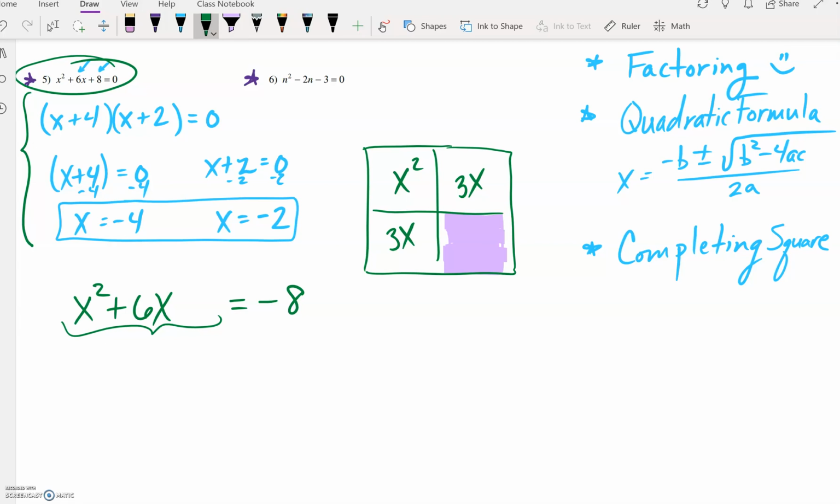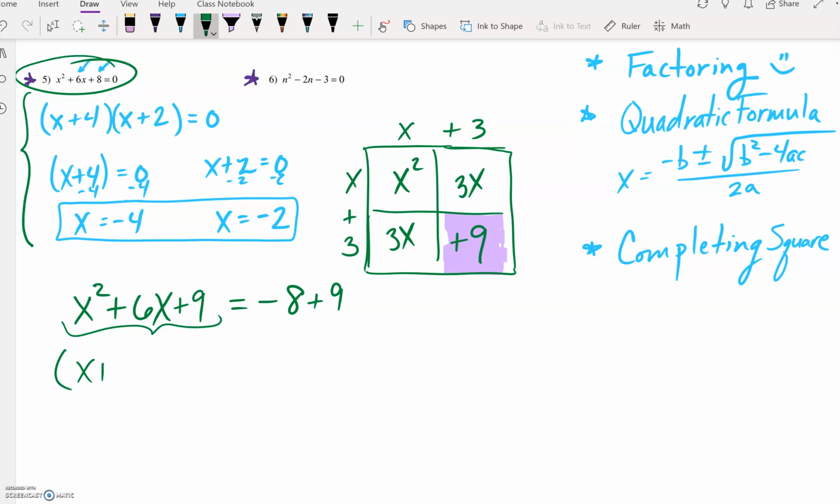Well, I know to get these areas, I'm going to have an x and a plus 3 times an x and a plus 3. That's going to be my perfect square trinomial, but there's a piece that's missing and I need to make sure that that gets added in. And it looks like that piece is going to be a 3 times 3 or a plus 9. So if I decide to add a plus 9 on this side of my equation, I also want to add a plus 9 on this side of my equation.